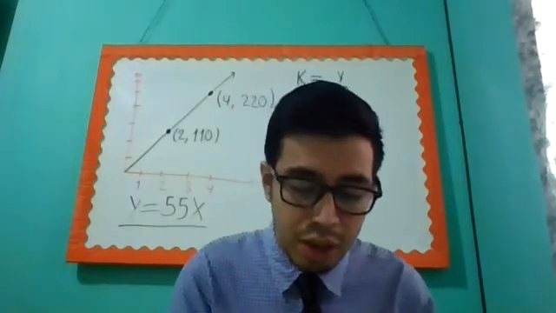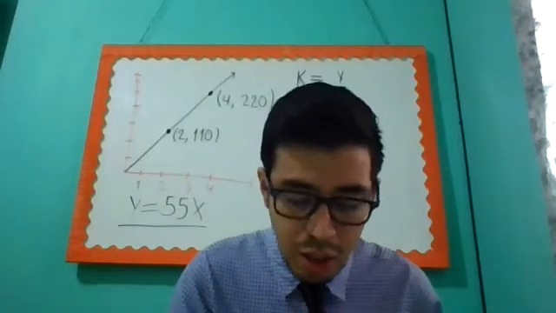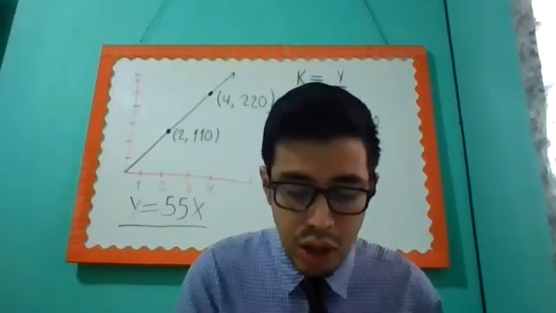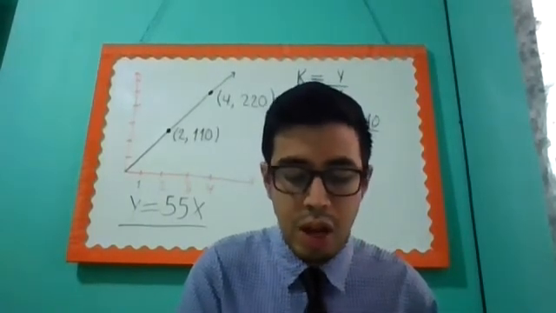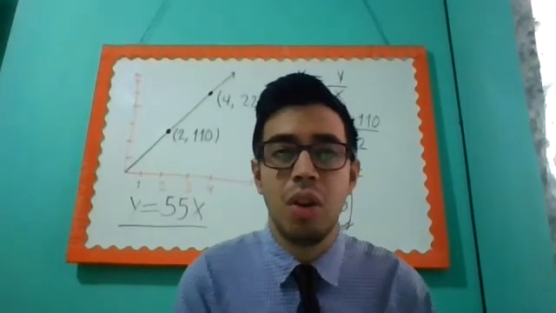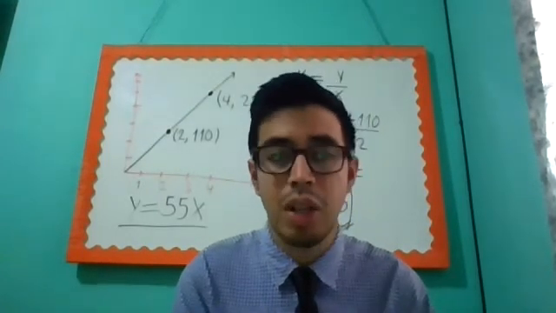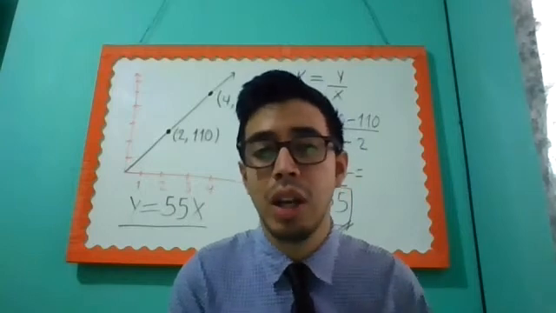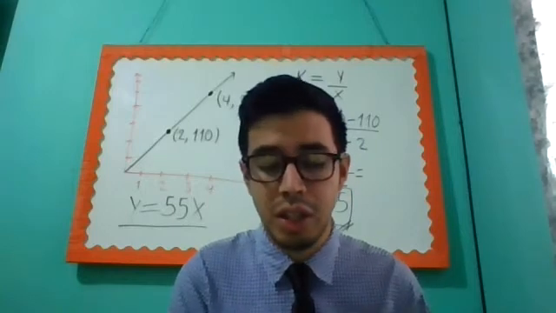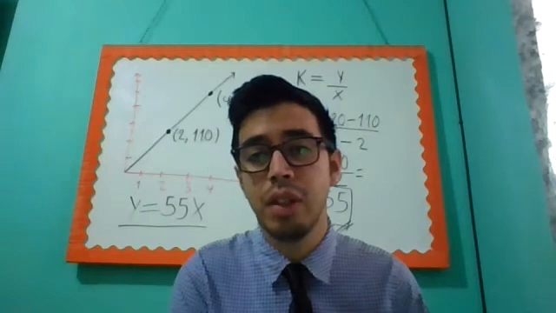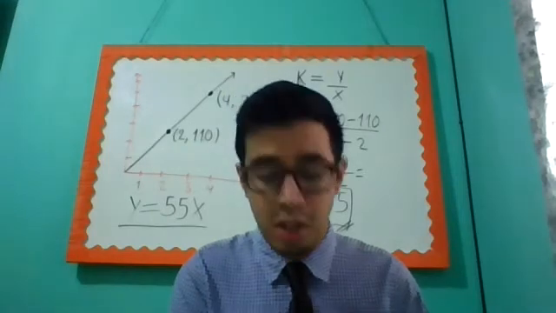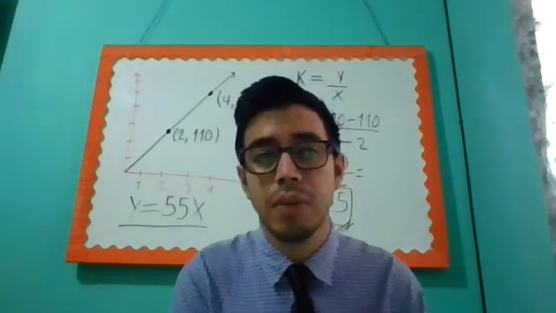For example, look, when you take 1 for x, you have 3 for y. What is going to be the slope? Without solving the exercise, you already know it. If x is 1, the value of the slope is going to be the value of y, so the slope is going to be 3.